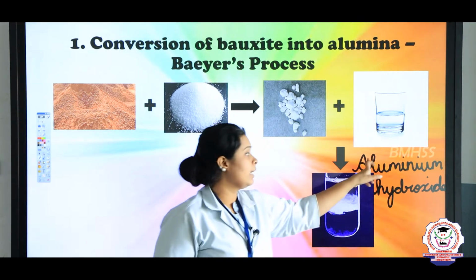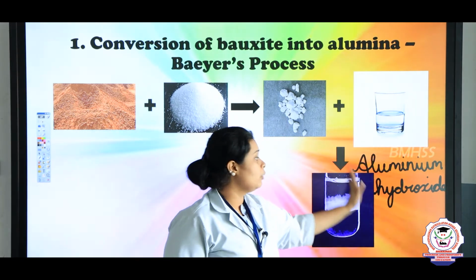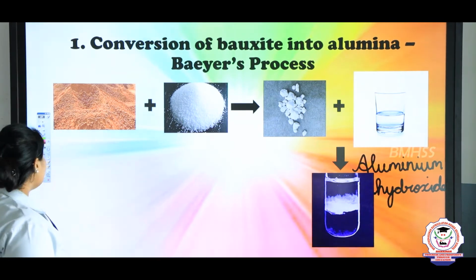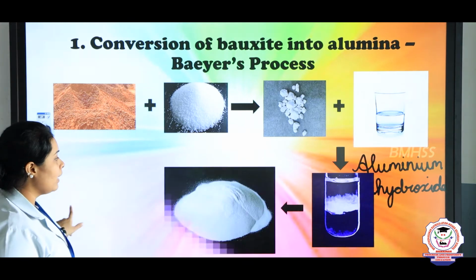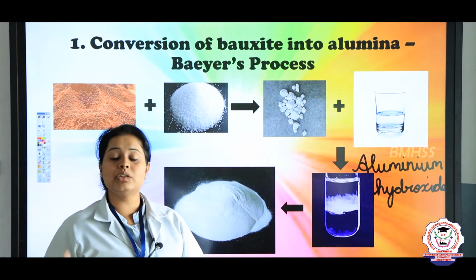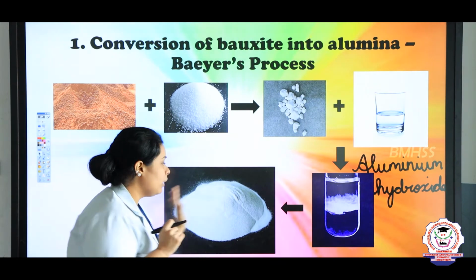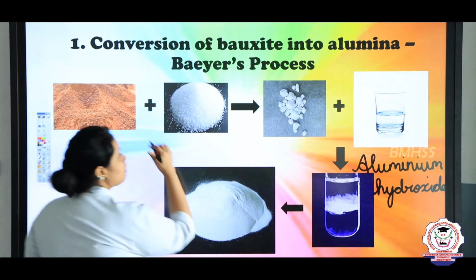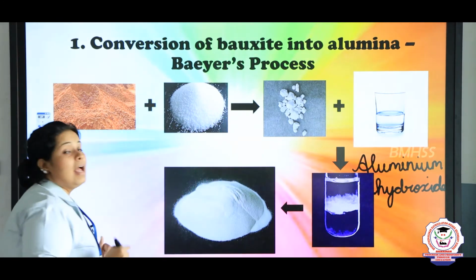Now when you are getting aluminium hydroxide, you have to heat it. When you are heating it at a very high temperature, which is known as the heating process or calcination process, you will get a powder, and this powder is your alumina.